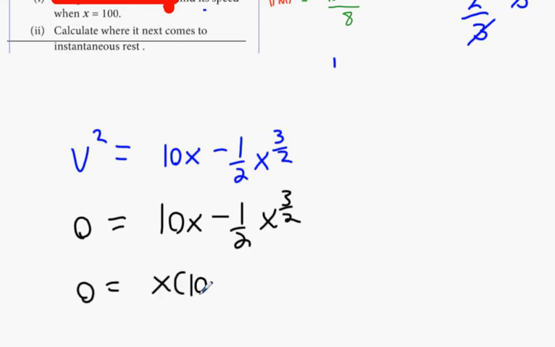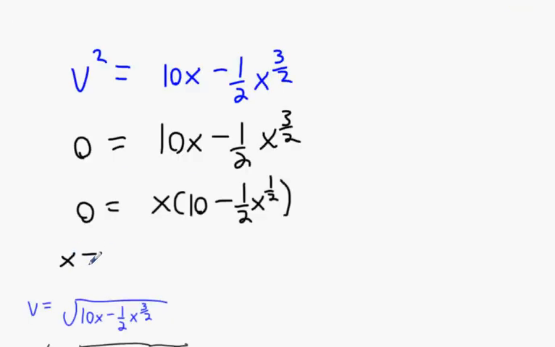You're going to be left with 10 minus a half x to the power of a half. Then we have x equals 0. Is x equals 0 a viable answer? It is, but we already have it. It's the start of the question. We're asked when it next gets there.